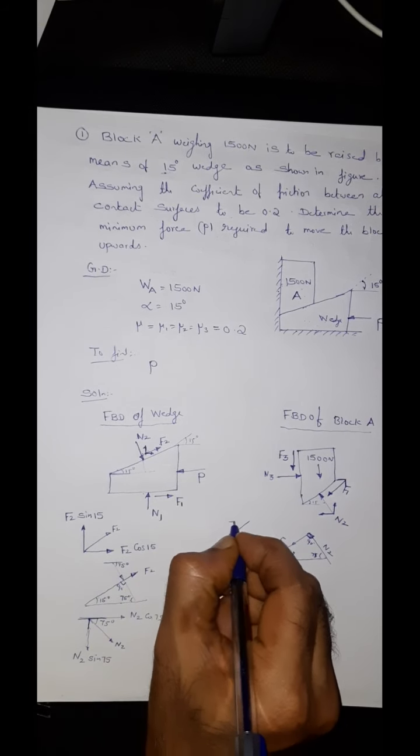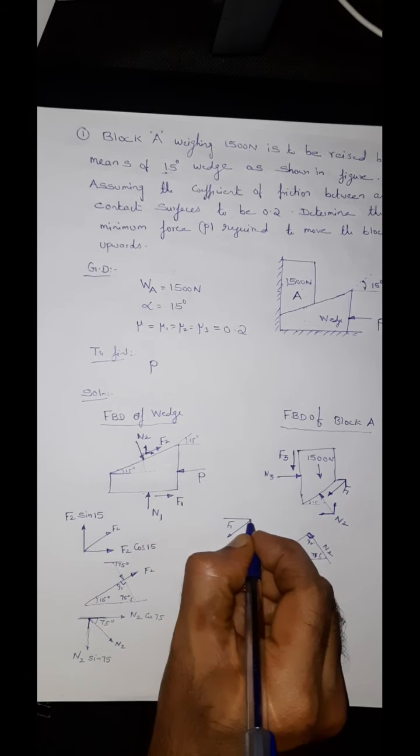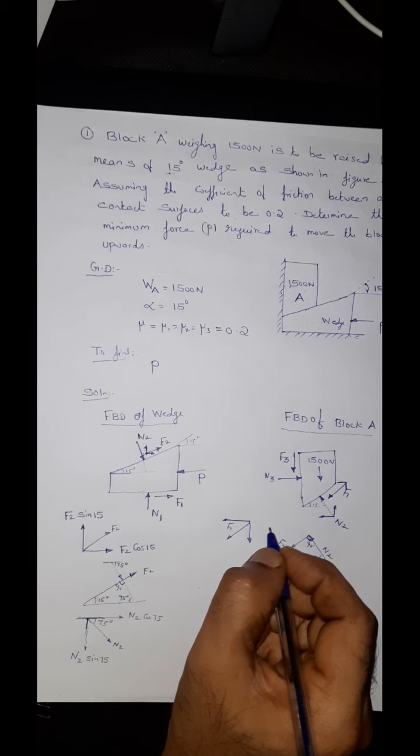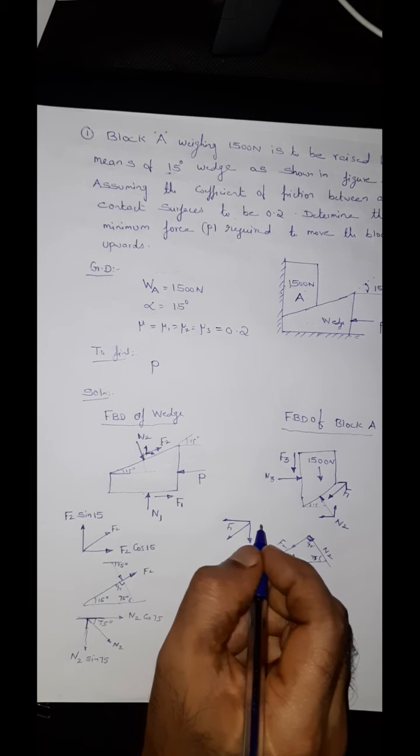Let us draw in this manner, and this will act in this manner. So this is F1, with its horizontal component and its vertical component. Correct?